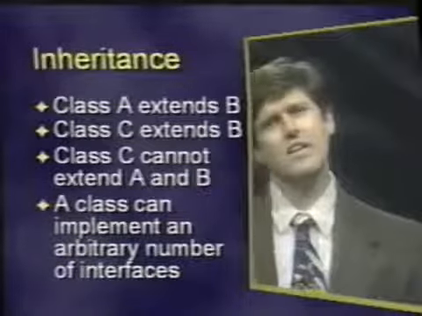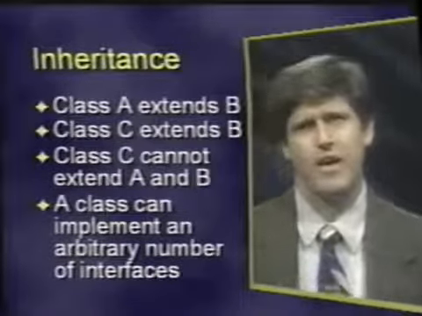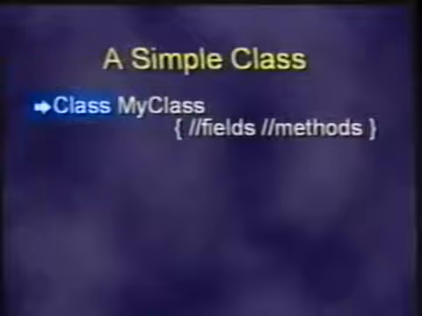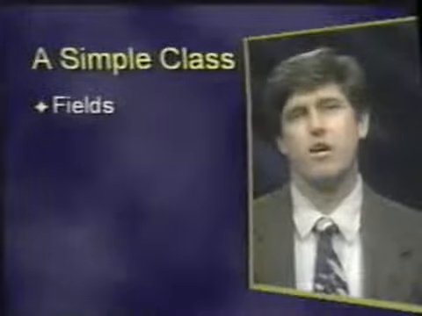Let's look quickly at a simple class. It starts with the keyword class. You give it a name, such as MyClass, and then the class body is delineated with curly braces. Within these curly braces, you can have a set of fields or methods. Methods are the term for procedures in Java. The fields have a number of properties.